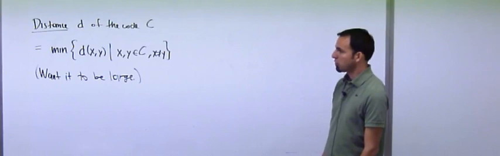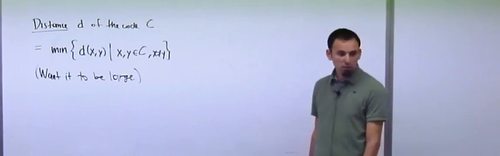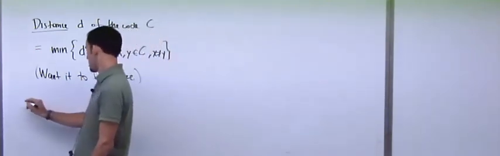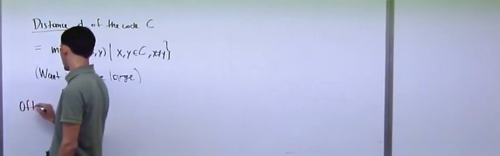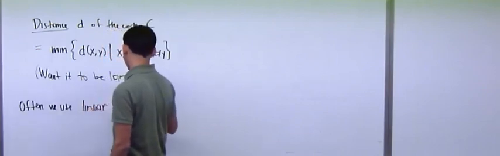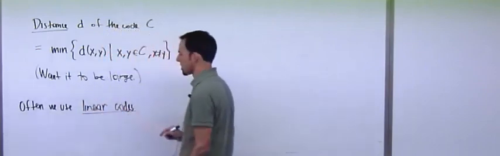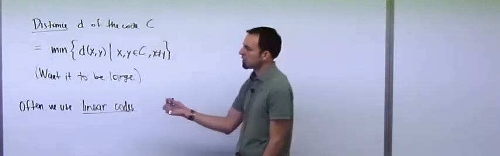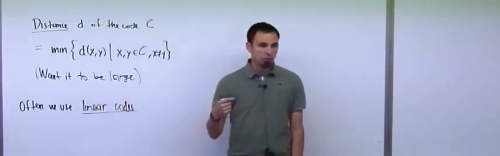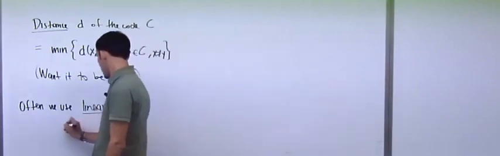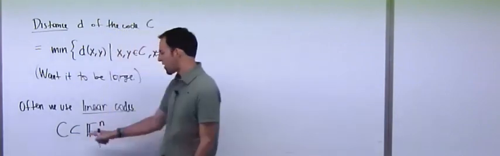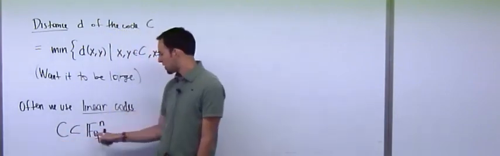Okay. So now I'm going to show you a very nice kind of code, which is the one that people often use. People often use linear codes. And what is a linear code? Well, we basically have all these words of length n over a finite field. So our vocabulary, our code C, is a subset of F_q to the n.